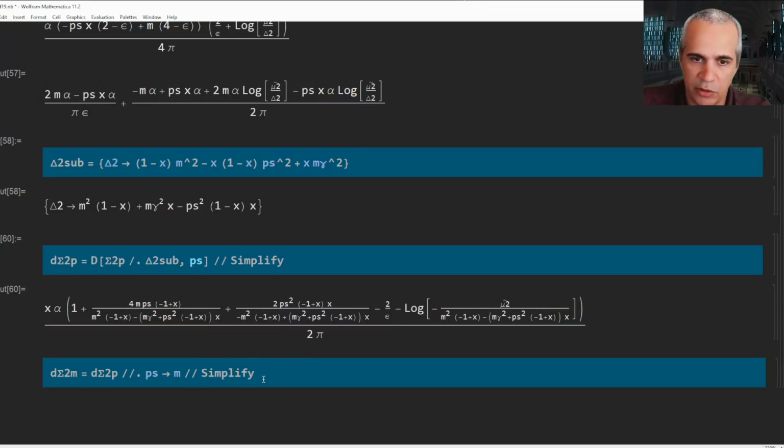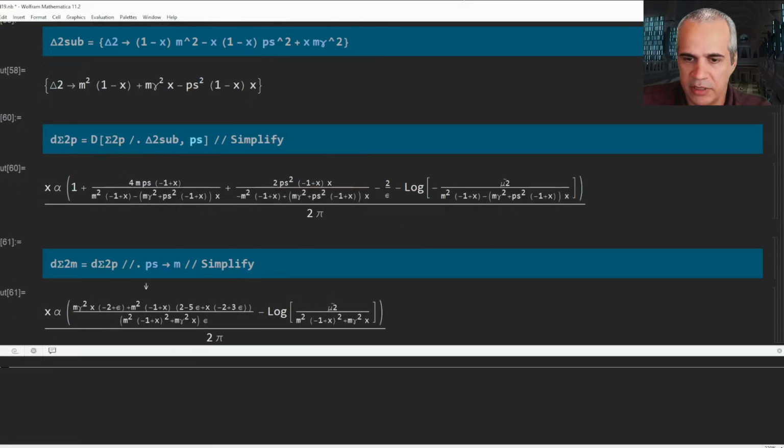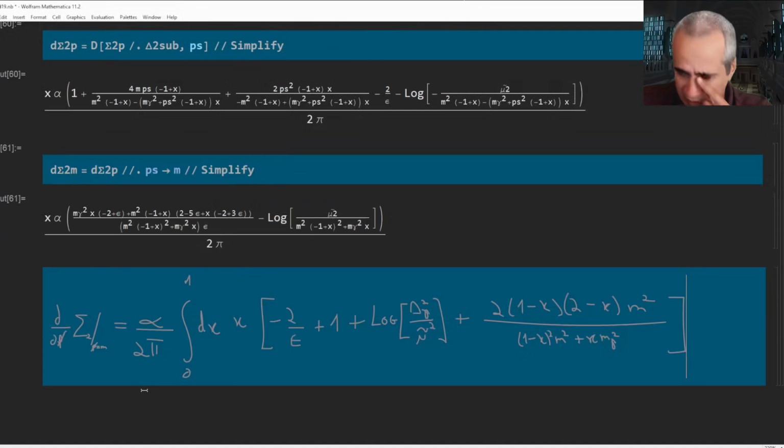So I have to define that too, and this is the expression I got. This is equivalent to what I obtained analytically in the lecture notes. In the lecture notes, I did these derivatives by hand and got this expression, which is the same that is up here. You have to actually simplify it a little bit to see, but that's the same expression.